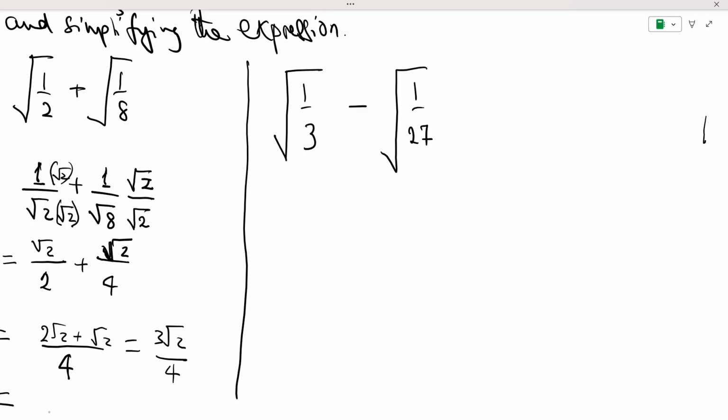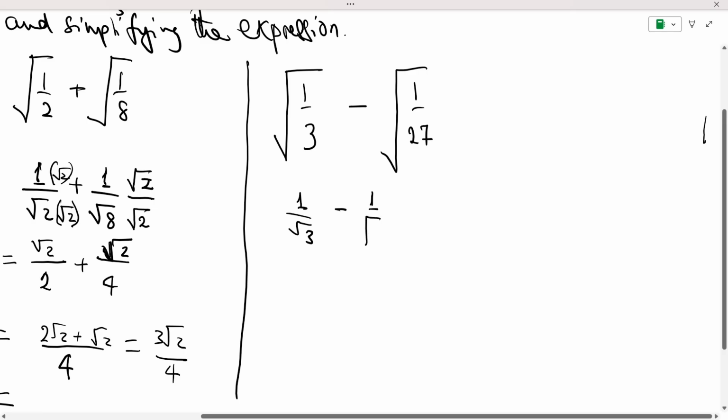Again, as I said, we can break our fractions here into two parts. So we will have root 1 on top of this 1/3, which will give us 1, and then at the bottom, we'll have root 3. And in this case, we'll have again 1 over root 27.